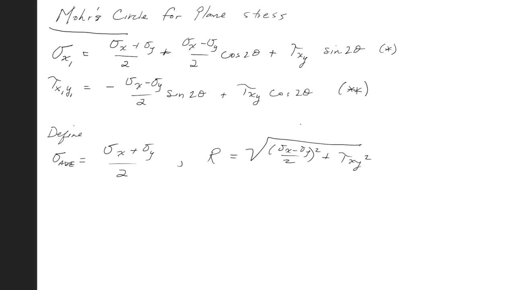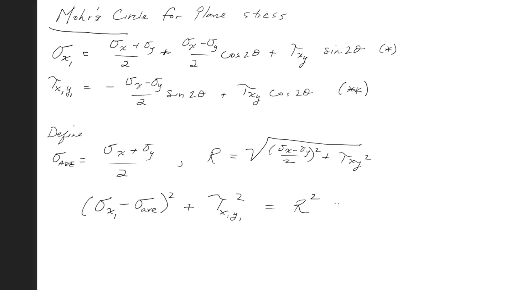Then, if we take the first equation, star, and square it, take the second equation, double star, and square it, and then add the two equations together, we end up with an equation that can be rearranged to look like this. Sigma x1 minus sigma average squared plus tau x1y1 squared is equal to R squared.